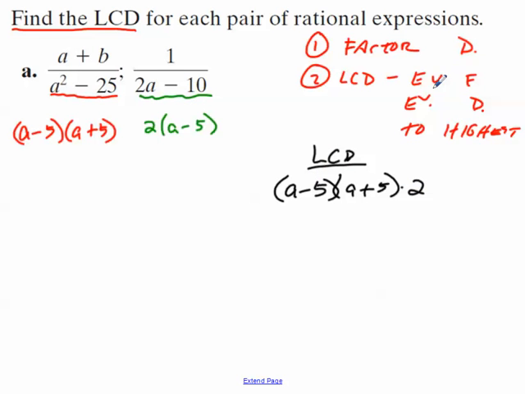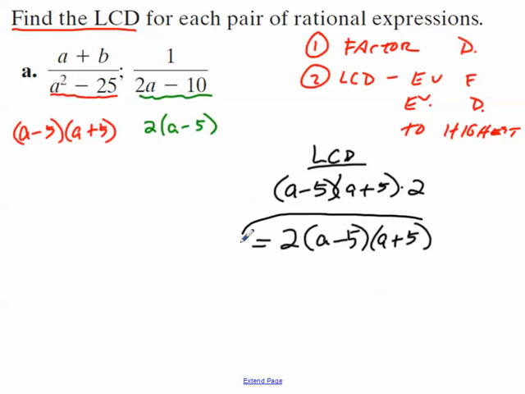So we've listed every factor from every denominator, and we go to the highest power. This is to the first power, to the first power, to the first power. Hey, we're done. So if we make it prettier, our lowest common denominator is 2 times a minus 5 times a plus 5. Done. And that's our lowest common denominator for those two fractions, or those two rational expressions.